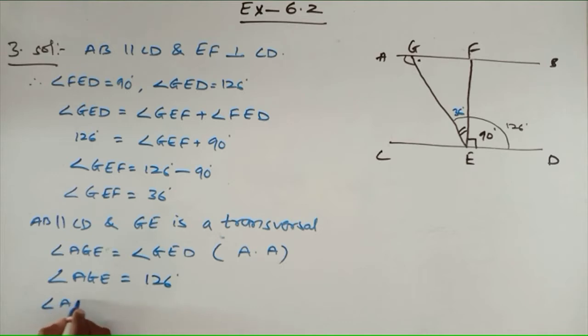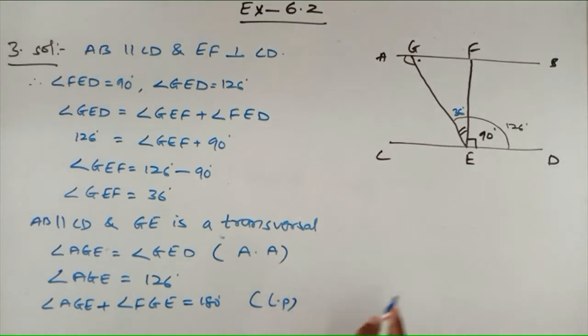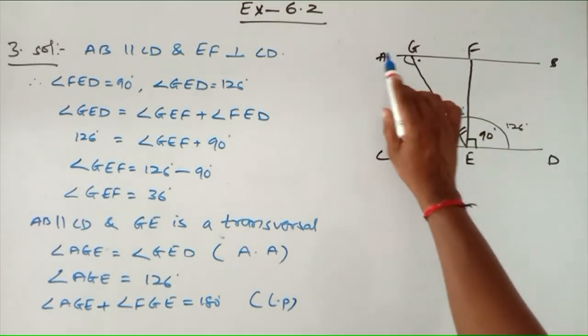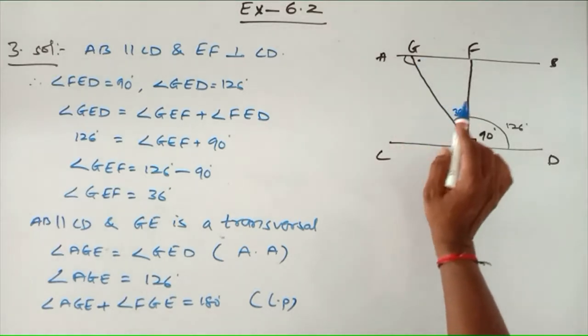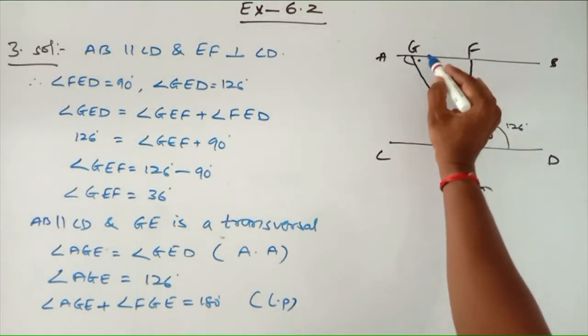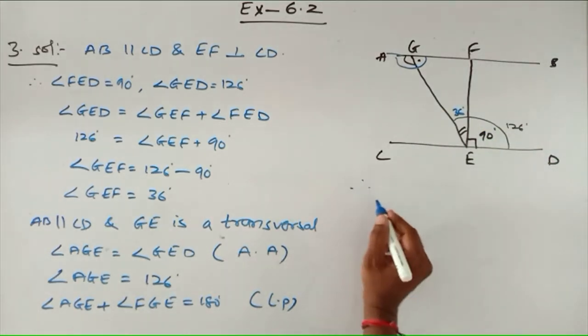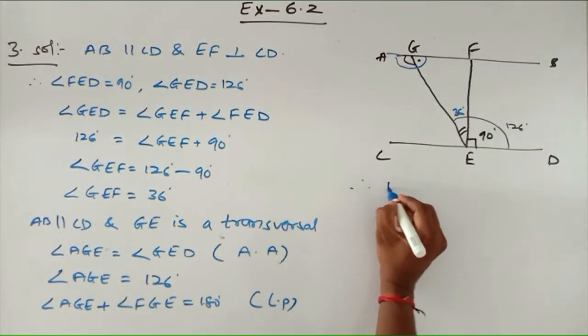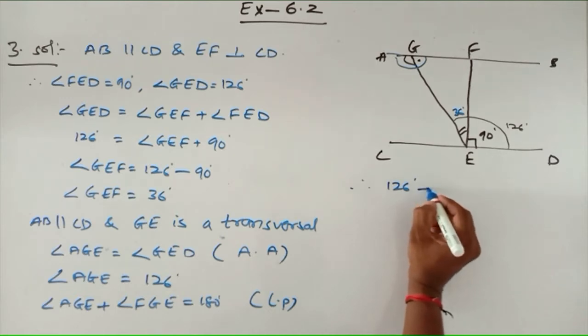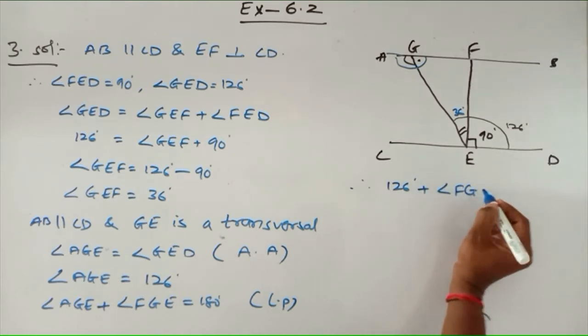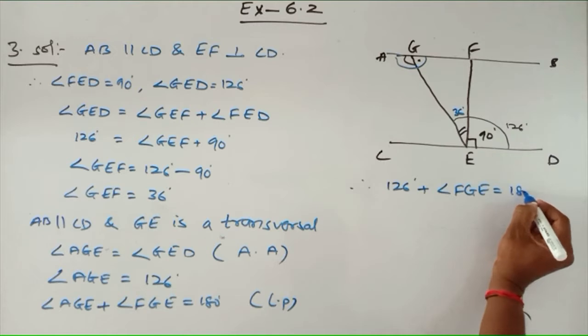Now angle AGE plus angle FGE is equal to 180 degrees. It is a linear pair, because it is a straight line. So 126 degrees plus angle FGE is equal to 180.